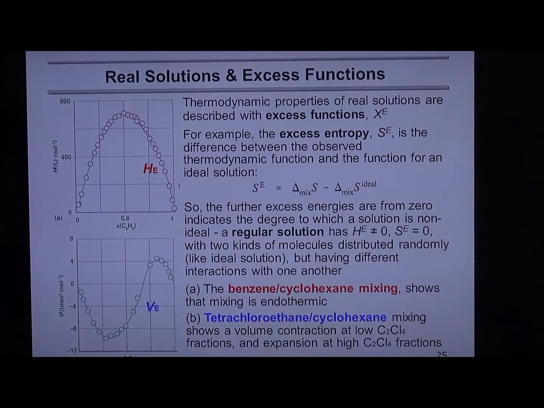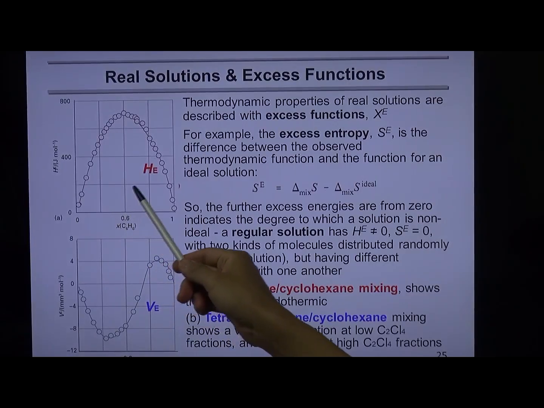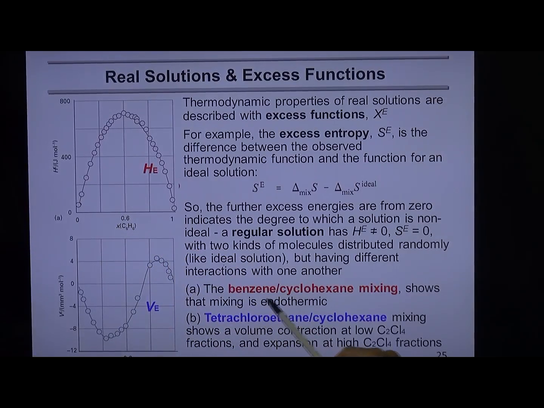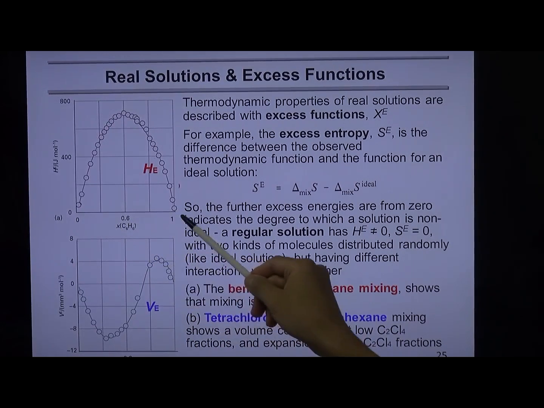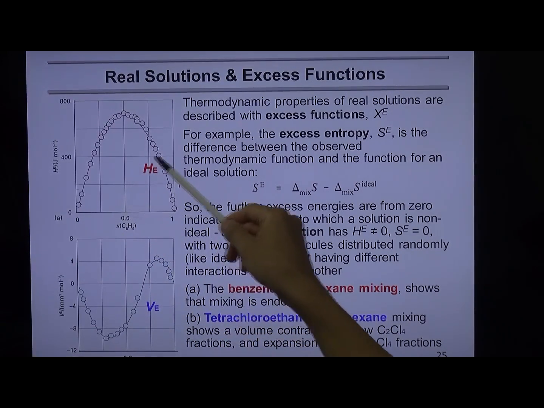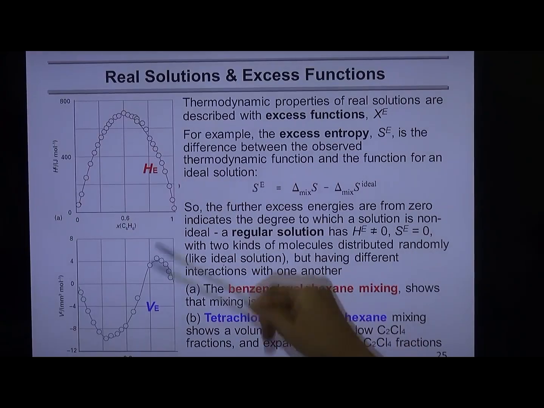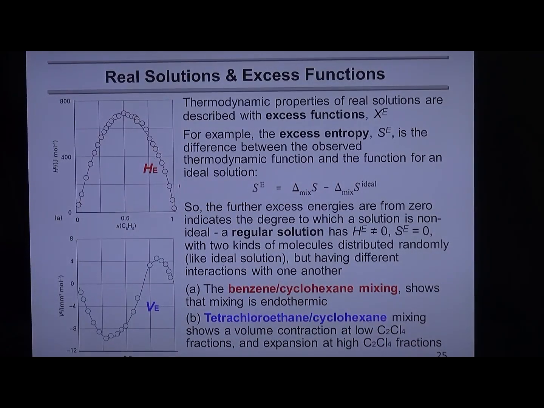For example, here shows the behavior of real solutions, or actually regular solutions. Figure A is a mixture of benzene and cyclohexane. As you see, as a function of composition, excess enthalpy has a certain number, not zero.